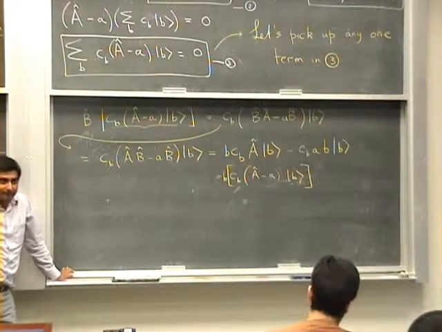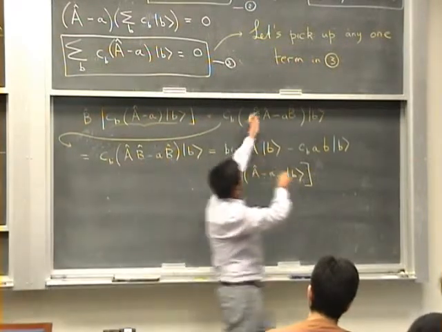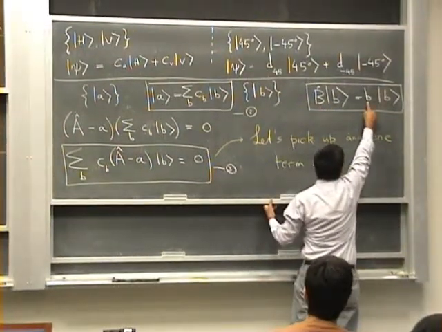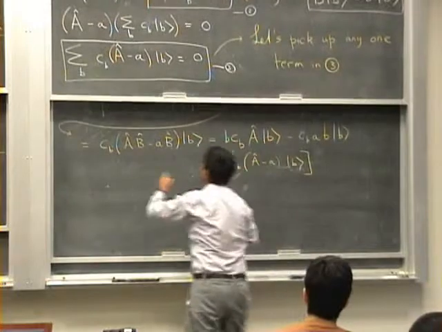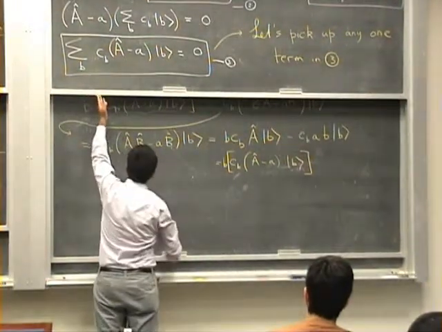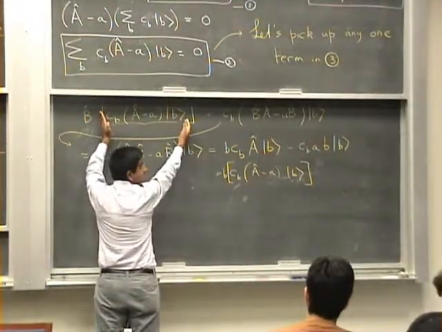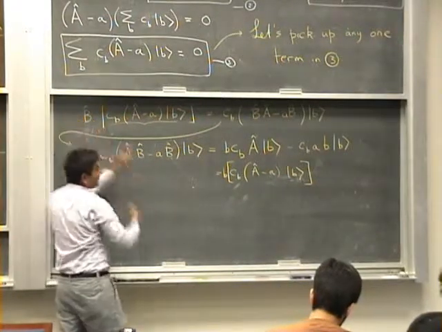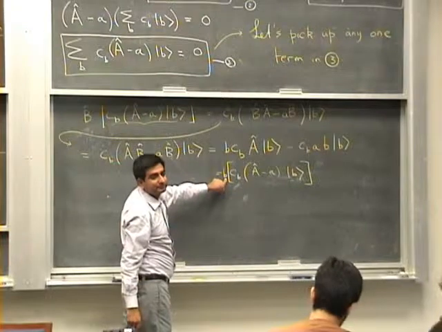Yes, it is. If state |b⟩ is an eigenstate of B with eigenvalue b, then this state is an eigenstate of the operator B with the same eigenvalue. Okay.